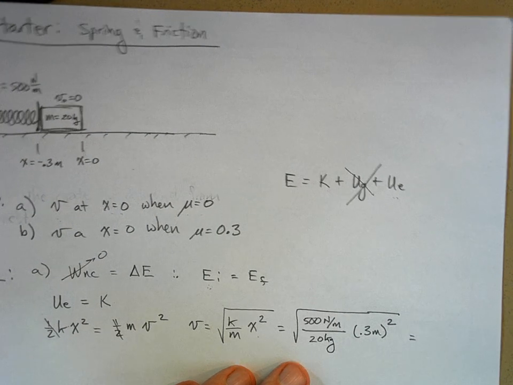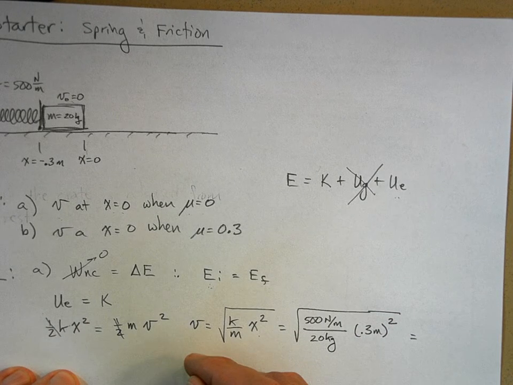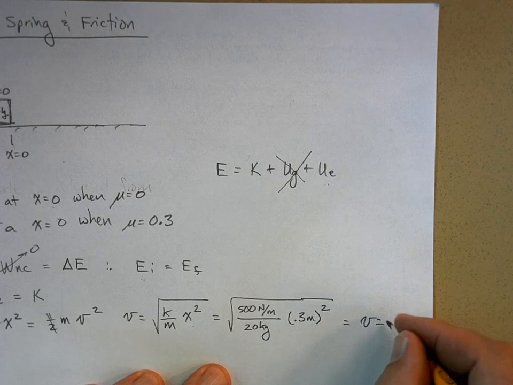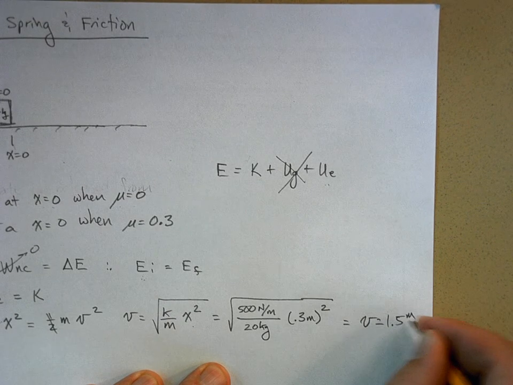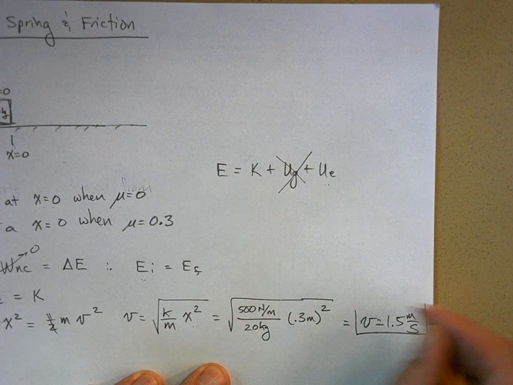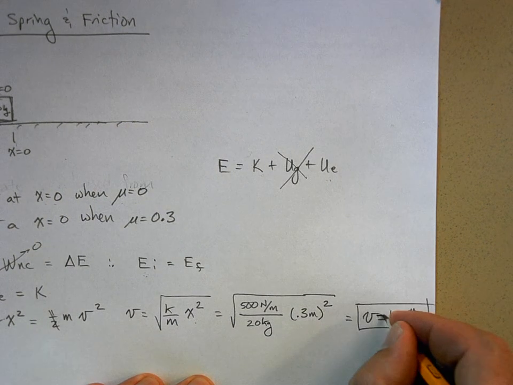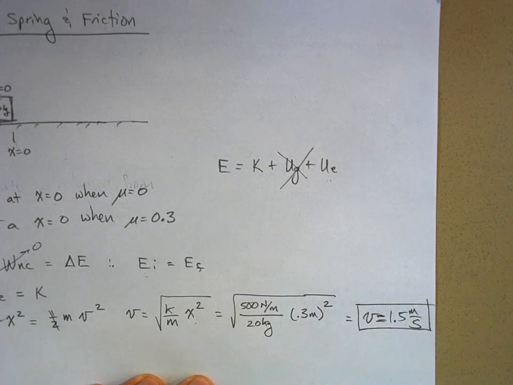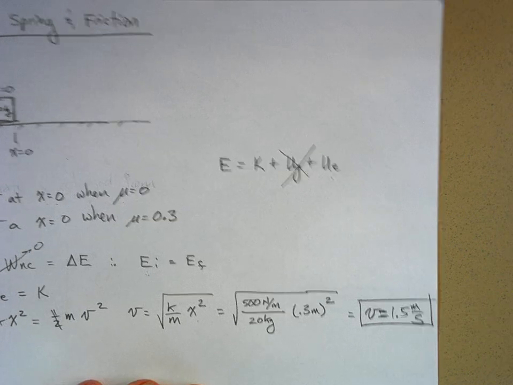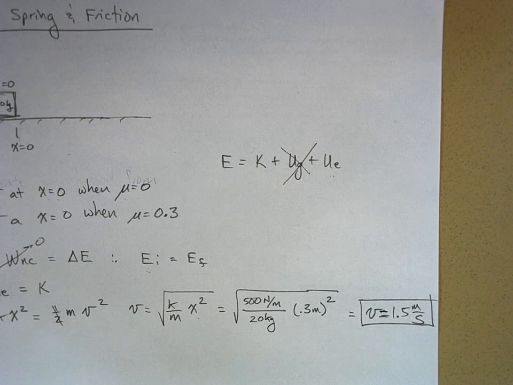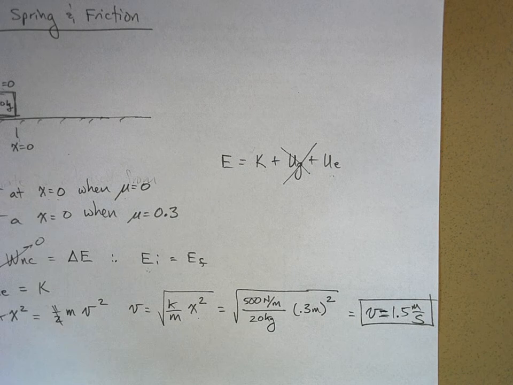Other people get that? So v equals 1.5 meters per second. That looks terrible. 1.5. Any questions on part A? The energy goes from the spring into the kinetic energy.